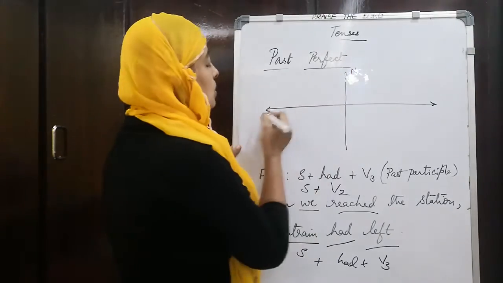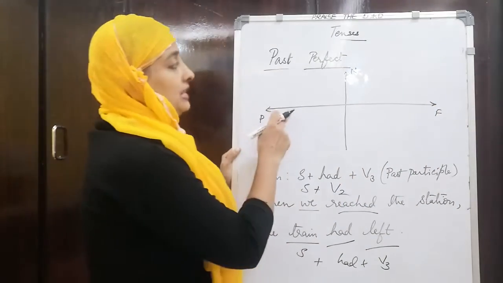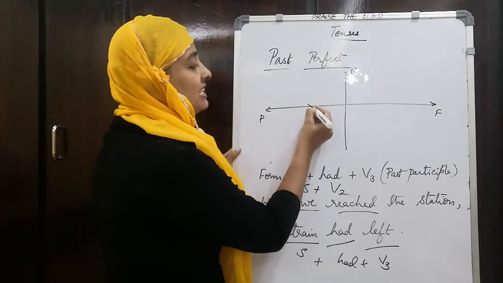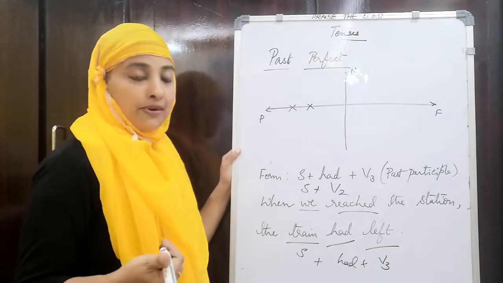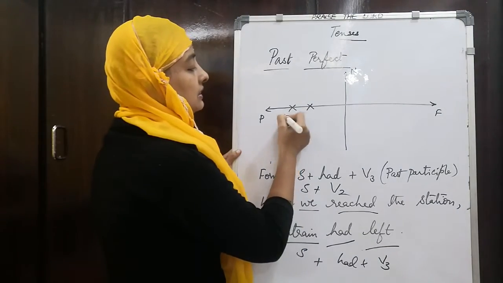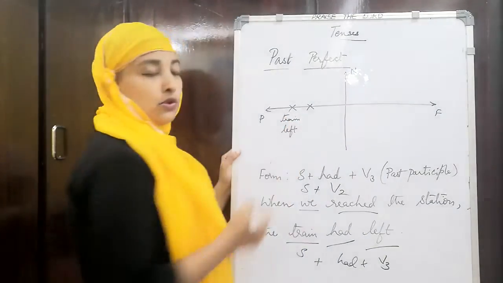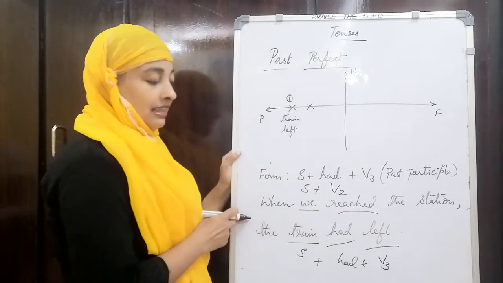So this is now, it happened in the past only. We are not bothering about the future now. So in the past, what happened? Two events happened. Which event happened first? The train had left. So the train left first. This is the first event. Then what happened?